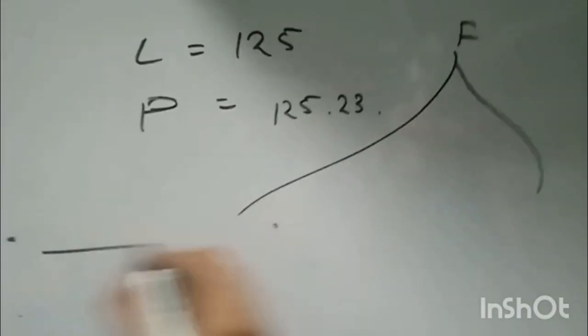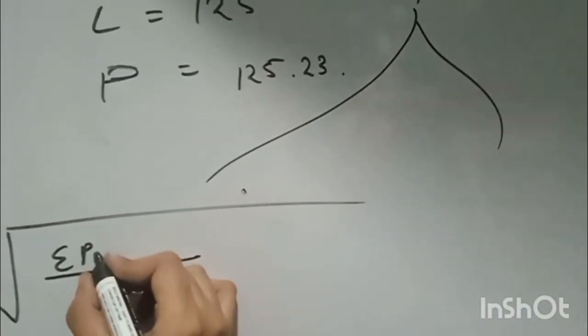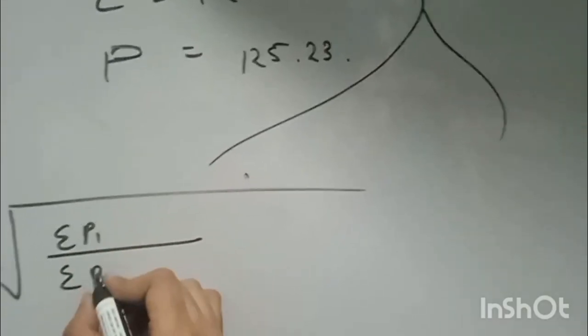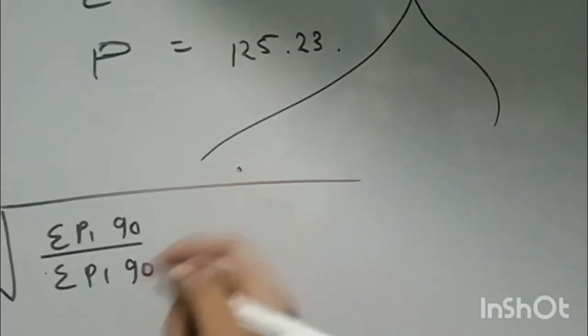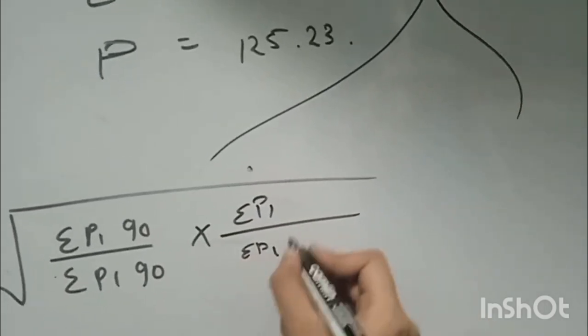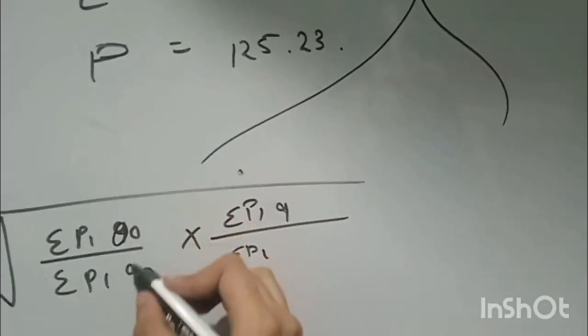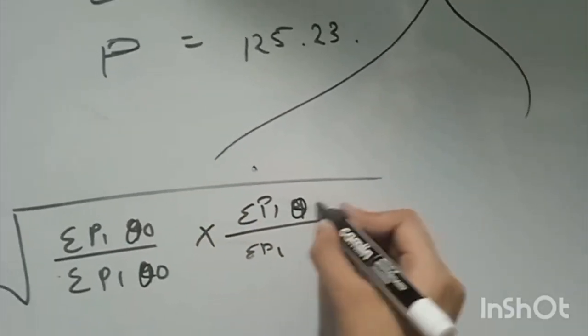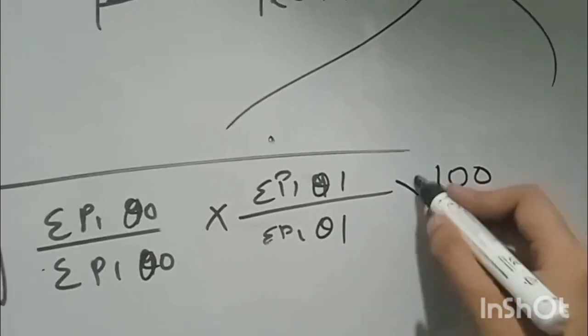According to the first method, you have to write the formula for Paasche, P1Q1, and the formula of Laspeyres, P1Q0, and write the formula of Fisher. It is Q, it is not 90. Do not misunderstand it. Q1 Q1. And since 100 is common, it will be outside this root.